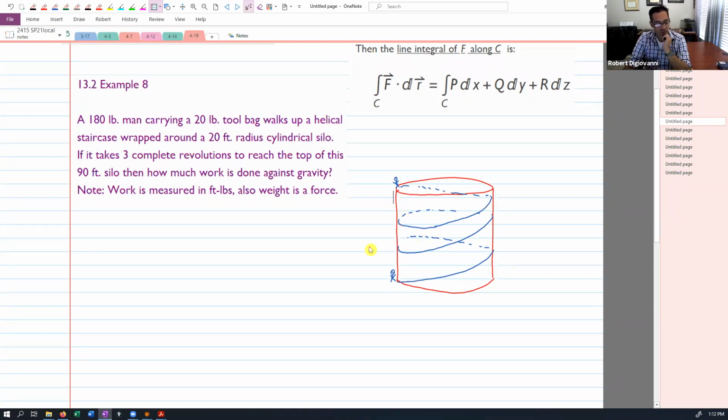So we need to figure out how much work is done against gravity in order to move this person from here to here. Now, if you've taken a physics class, there's a short, easy way to get this answer. But I want us to look at it from the perspective of what we're learning right now, because what we're learning right now can extend past a person on Earth.